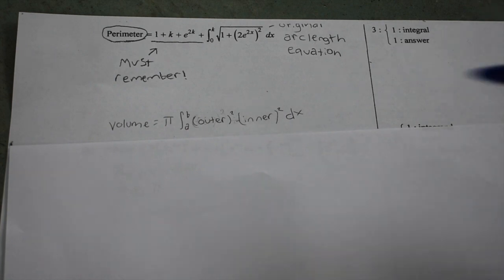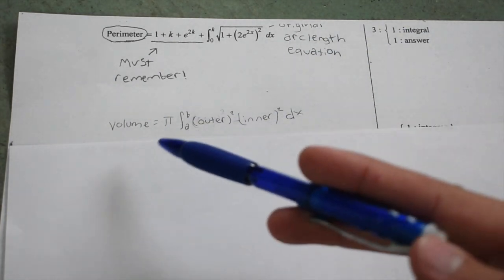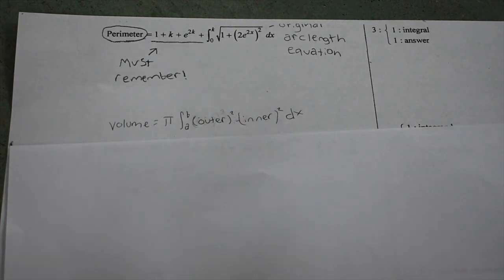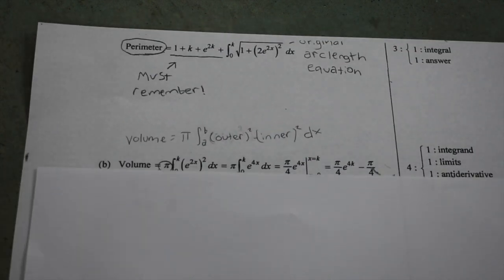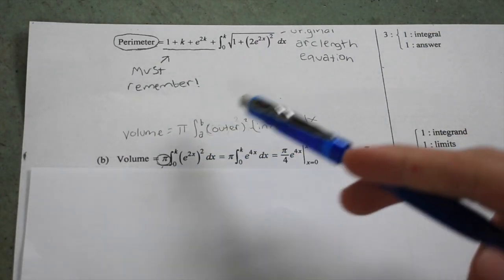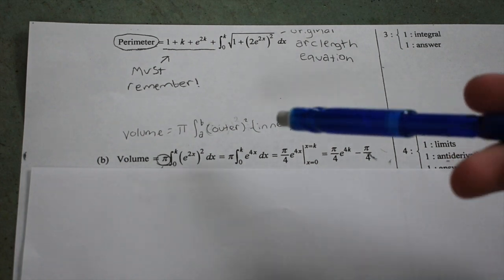Our volume in AB when we're rotating around something is pi times the integral from a to b of the outer function minus the inner function, both of them squared. And since there's no inner function, we can just set our inner function equal to 0.